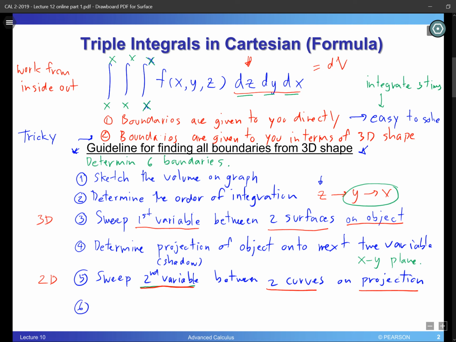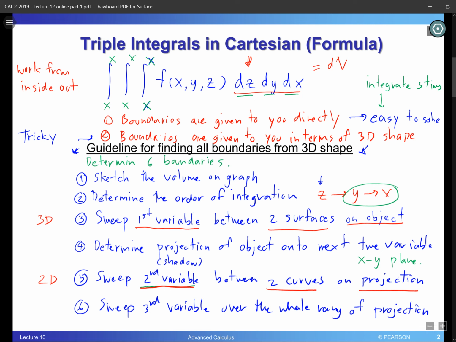The last step is to sweep the last variable, I would say the third variable, over the whole range of the projection. Okay, that's all the 6 steps you are required to follow in order to find all these 6 boundaries.